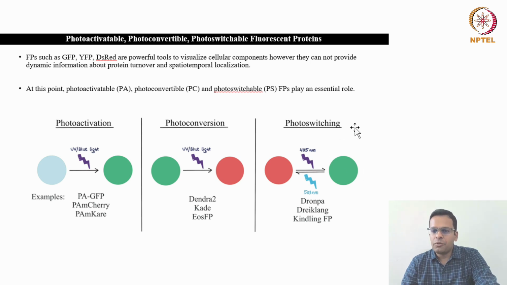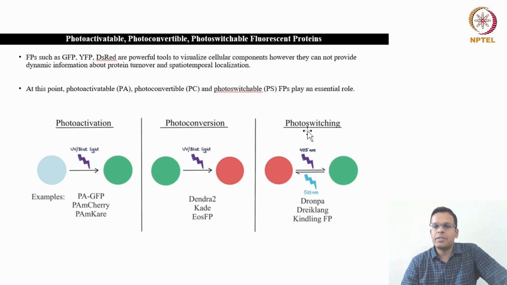And the photoswitchable fluorescent proteins can convert from red to green and green to red by using different wavelengths of light. If you use the 405 nanometer wavelength, you can convert the red protein into green. And if you use this 503 nanometer light, you can convert this green protein into red. Here some of the names of these proteins are given, like Dronpa, Dreiklang, kindling fluorescent proteins.